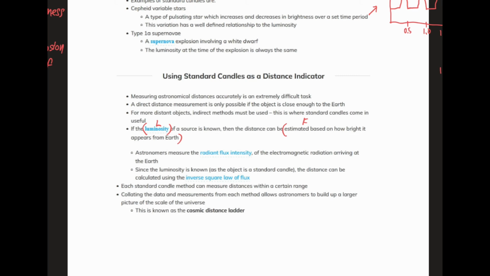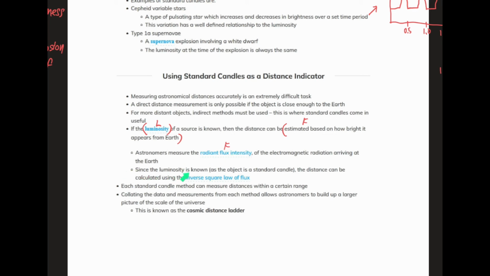Astronomers measure the radiant flux intensity, which is the F, of the electromagnetic radiation arriving at the Earth. We can measure the F easily because we are staying on the Earth.